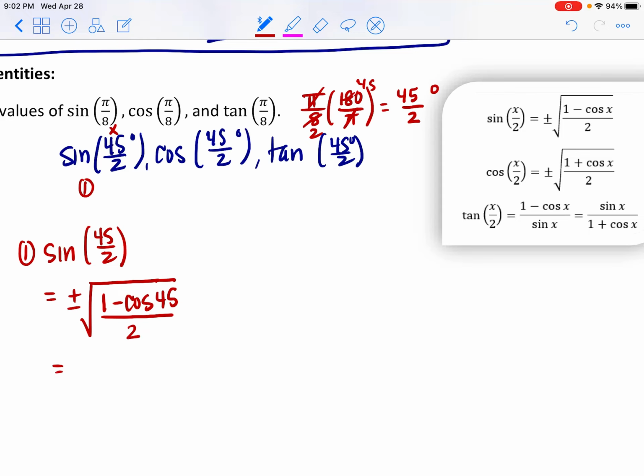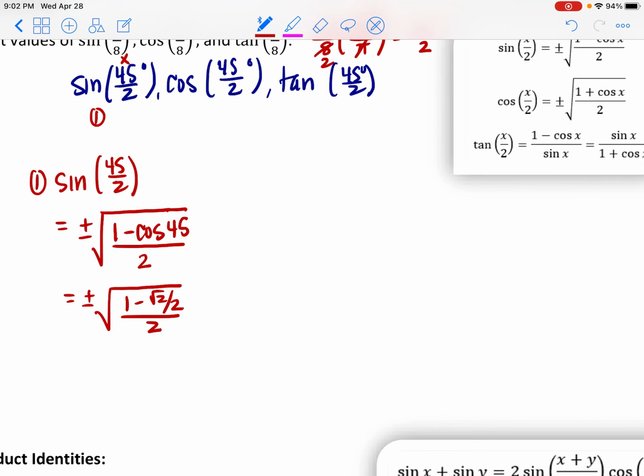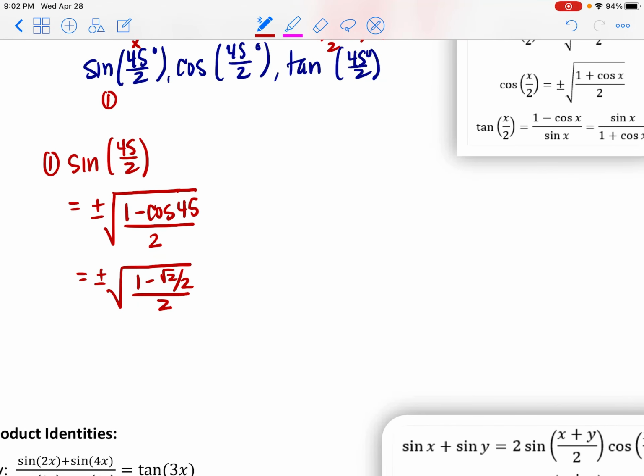So cosine of 45, that's just from our unit circle. A 45-degree angle hits the unit circle at radical 2 over 2 and radical 2 over 2. So the cosine is radical 2 over 2. And so this is going to be 1 minus radical 2 over 2, over 2. And we generally don't want to leave fractions within fractions there.